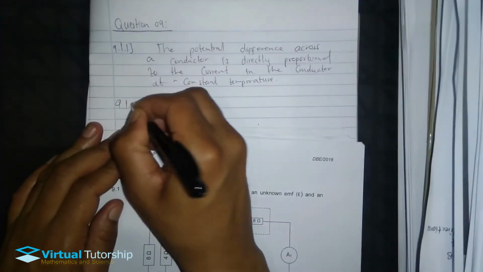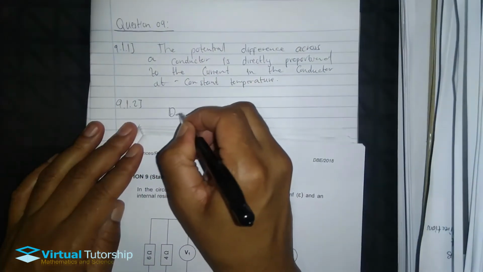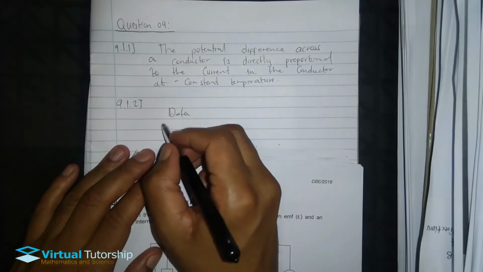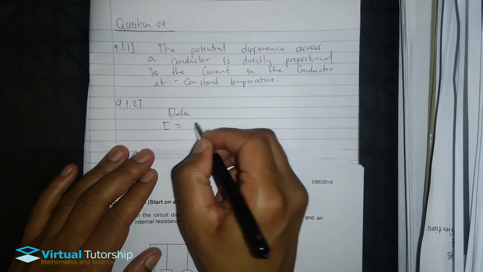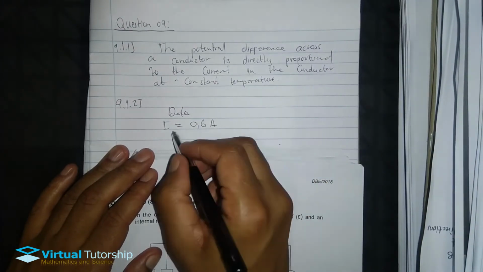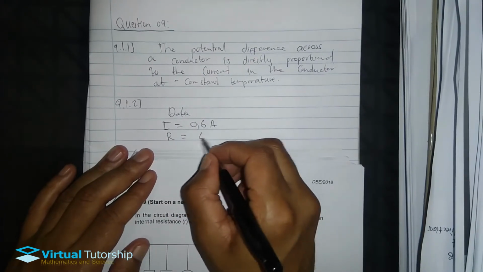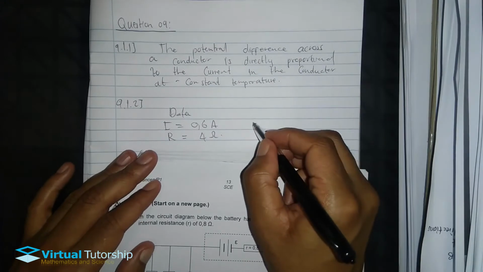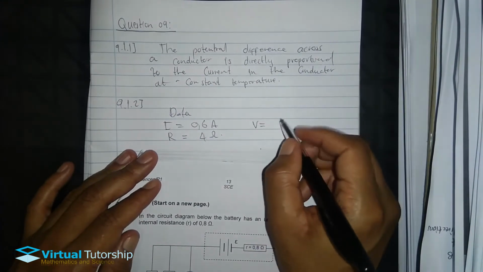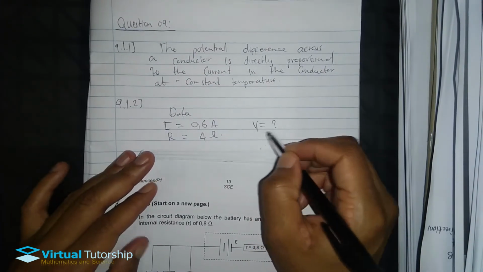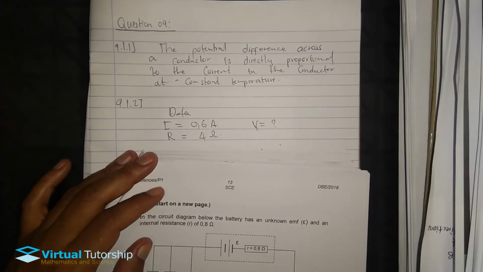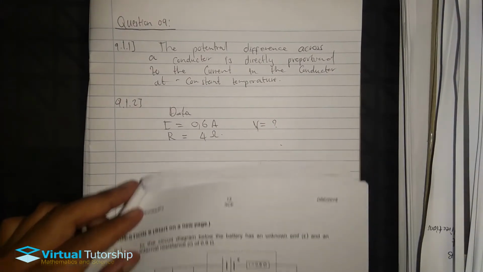So 9.1.2, we have data of current 0.6 amperes, and then resistor of 4 ohms. What are we trying to calculate la? V1. Sifuna the value kabani ka V1.